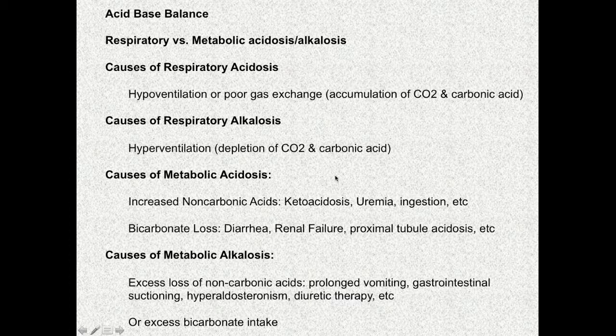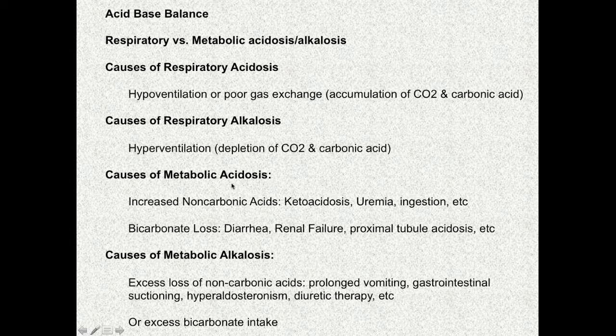So you produce keto acids as a result of that, and if it gets too high, it causes acidosis. Uremia, which is a state of renal failure, basically, where things like uric acid are not getting removed from the bloodstream and removed in the form of urine from the body. And so the level of acids like that rise and can cause acidosis. We can also have excess ingestion of acidic chemicals.